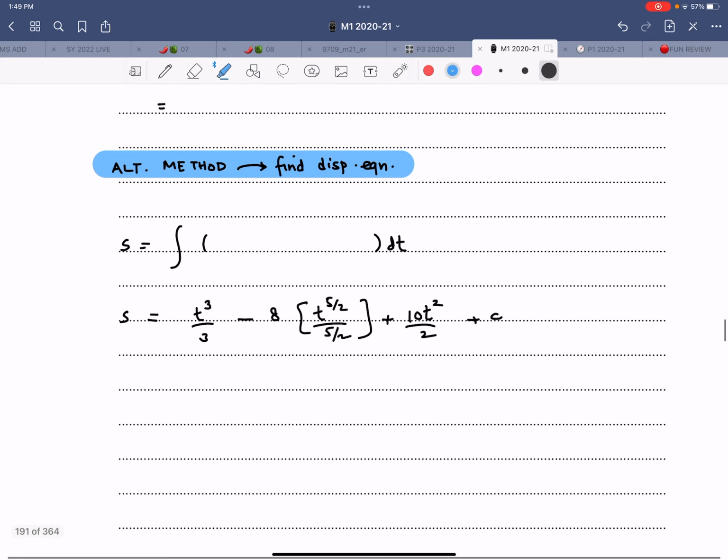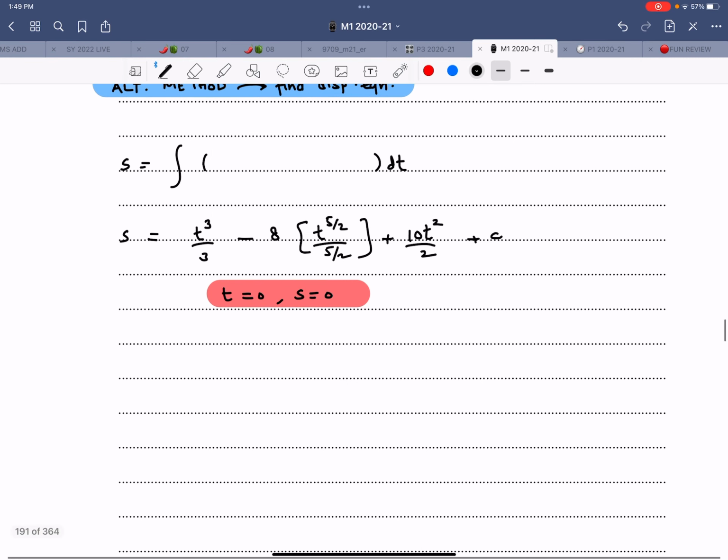Now plug in that particular condition. What is that condition? When t is 0, v is 0, s is 0. So when you evaluate, s is 0, this is 0, this is 0, this is 0, this is 0. Therefore, in the end, c will come out to be 0. So now you have the displacement equation, and this is like this.